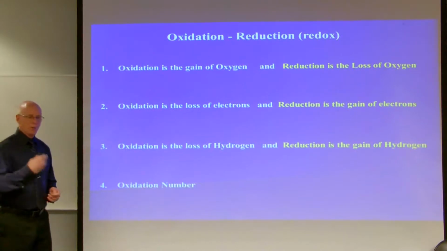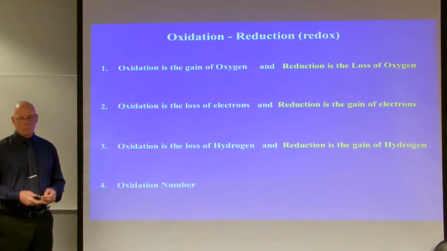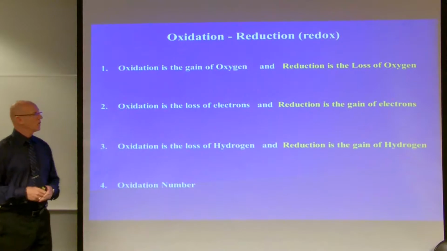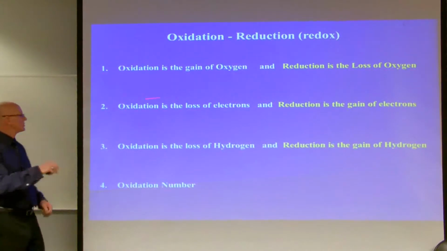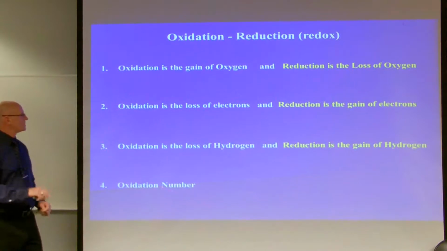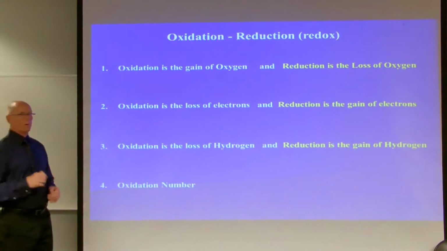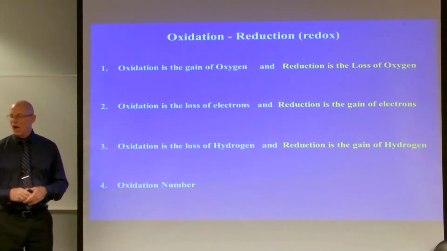Now, that was somewhat of an archaic term, and then when Sir Thomas recognized the electrons, we came to a greater understanding. We're going to use all of these throughout this presentation, but when we recognized the electrons, we realized that oxidation is the loss of electrons, and reduction is the gain of electrons.